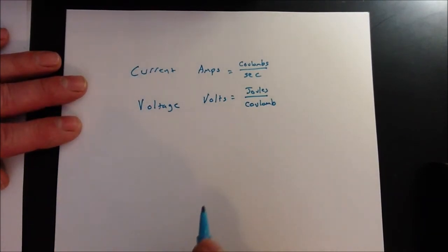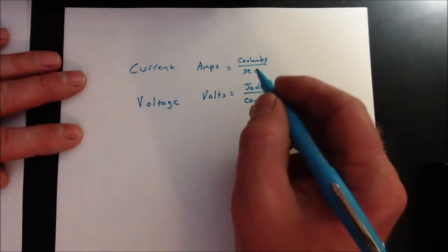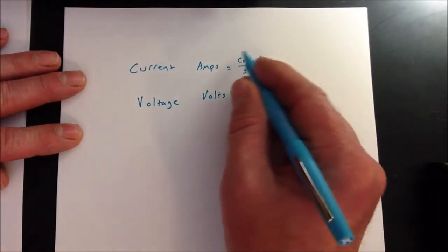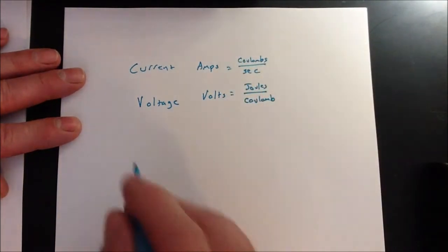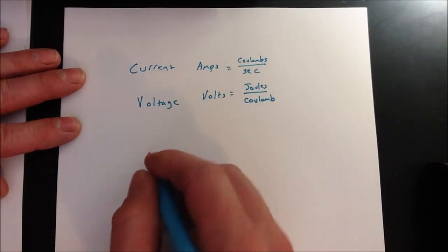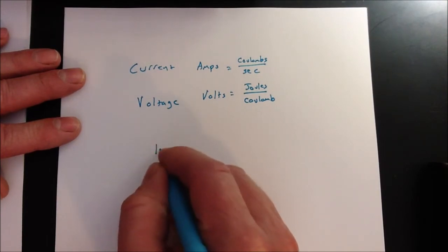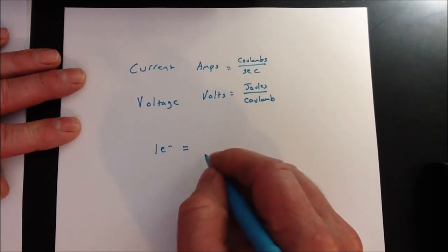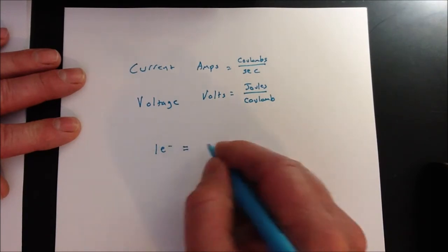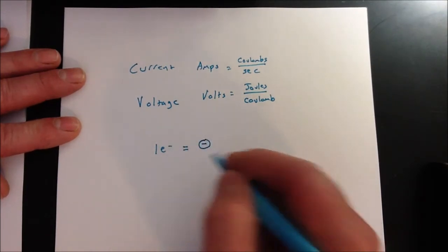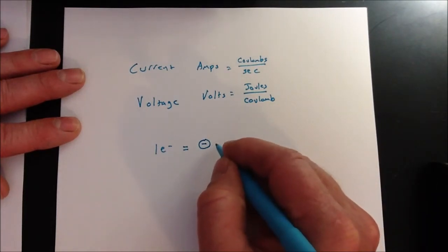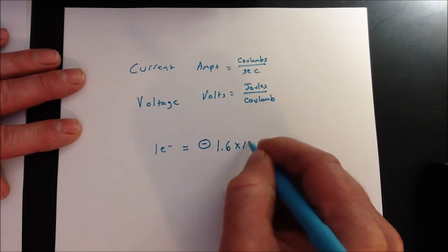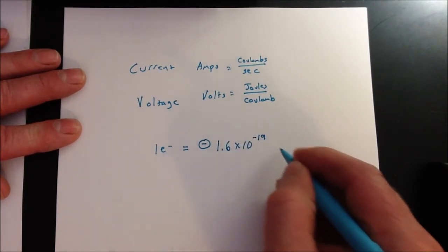A few other things that I want to throw in here that you need to be familiar with. This coulomb that we talk about, that's kind of like a quantity of electrons. And when I say kind of like a quantity of electrons, 1 electron, of course we know that electrons are negative, so I'm going to probably inadvertently leave that off later on, just knowing that they are negative, but 1.6 times 10 to the negative 19th coulombs.